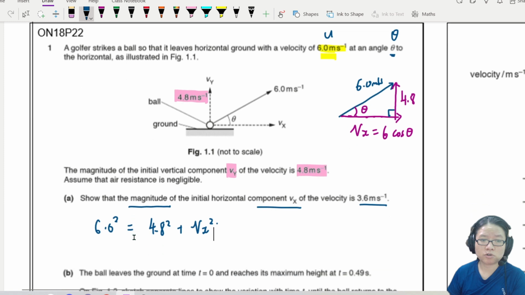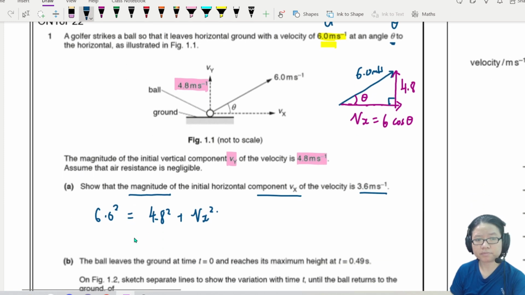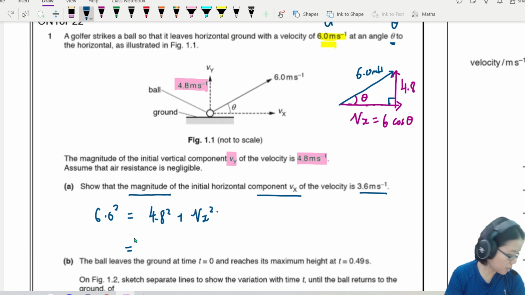If you press your calculator, or at least show this working, you should be able to get the square root of 6 squared minus 4.8 squared. The answer I got is exactly 3.6 meters per second.